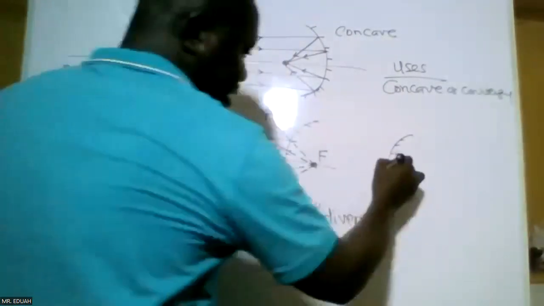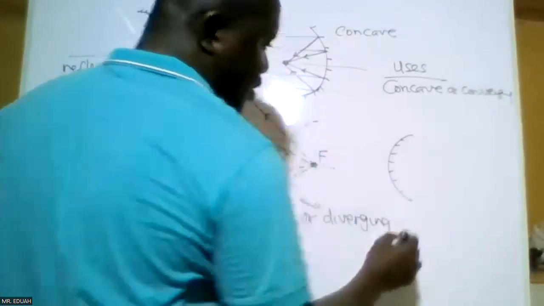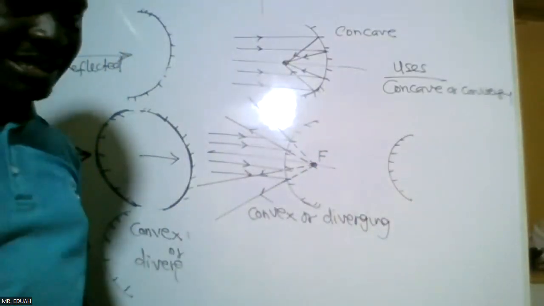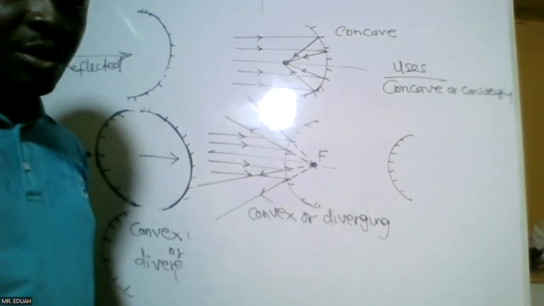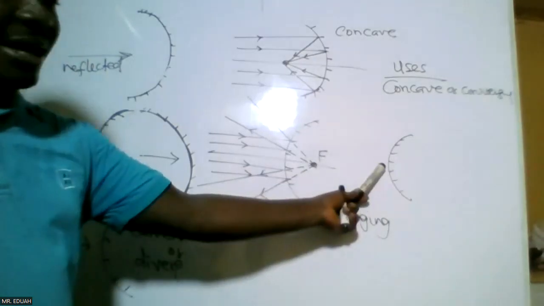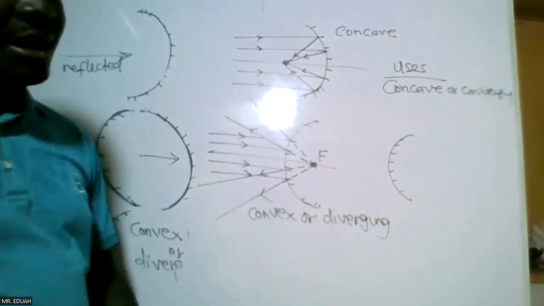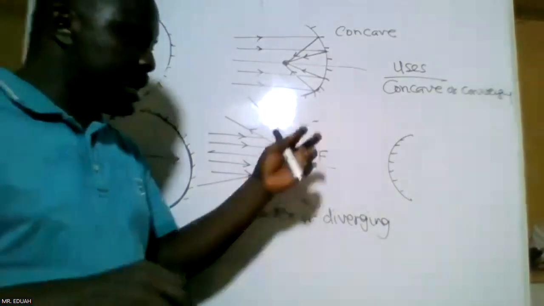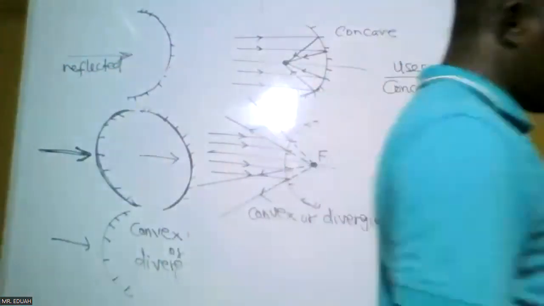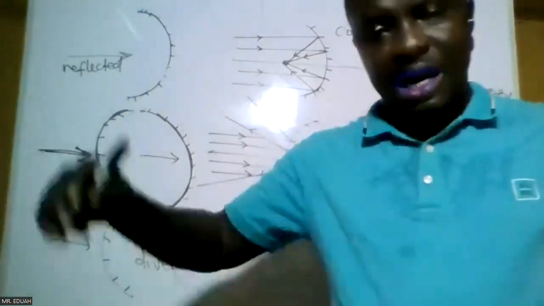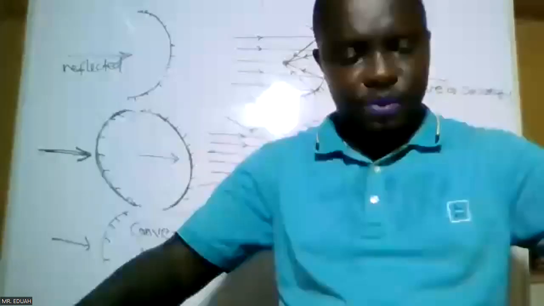So they are used in side view mirrors and head level mirrors in cars. And there's a reason why this mirror is preferred over concave and plane mirrors. So the convex mirror is used as side view and head level mirrors.